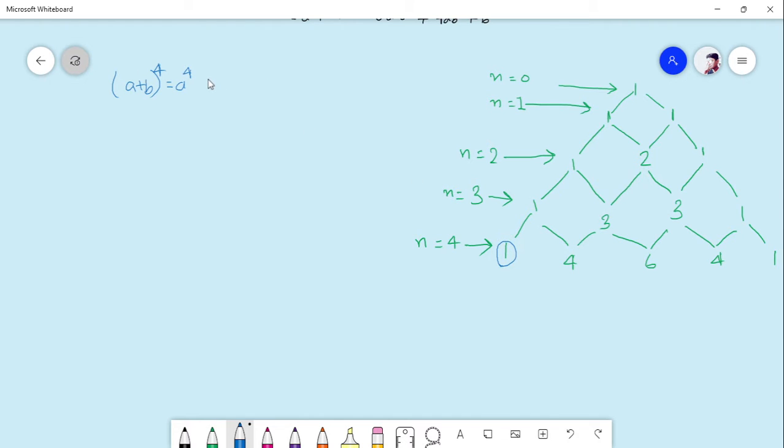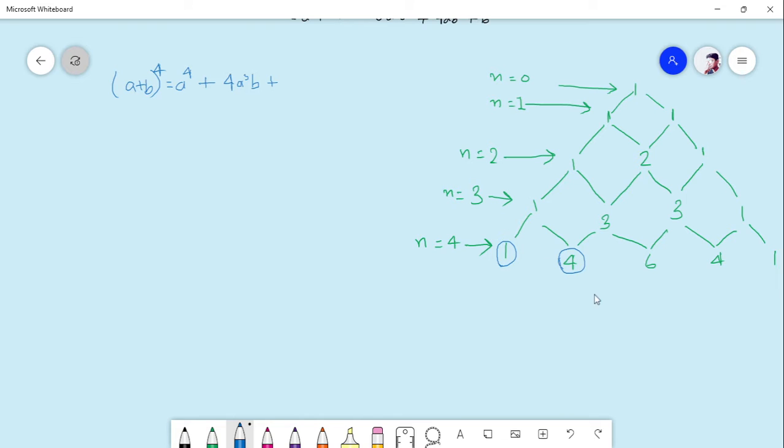So a to the power 4, and here the coefficient should be 4. The triangle says so. In every step, the first term's power will decrease by 1, so a cubed, and the second term's power will increase by 1. Here was b to the power 0, so here is just b to the power 1.